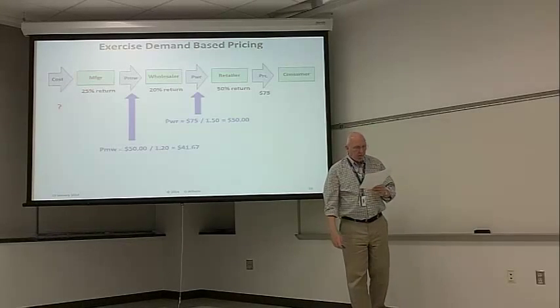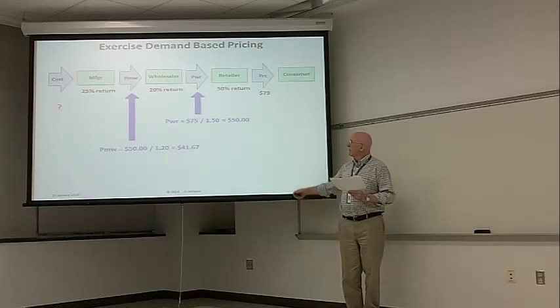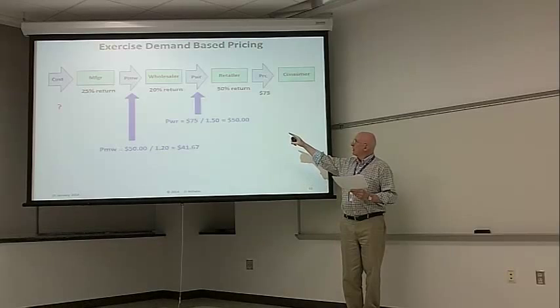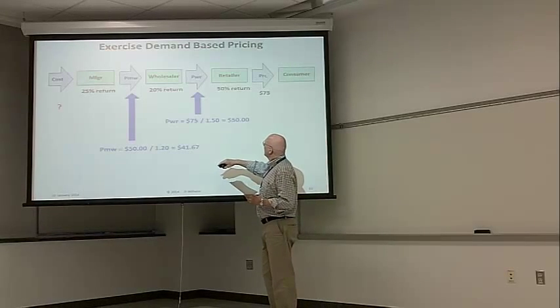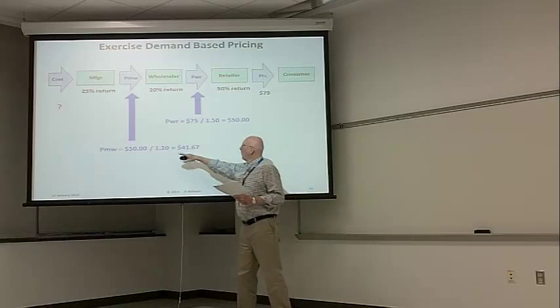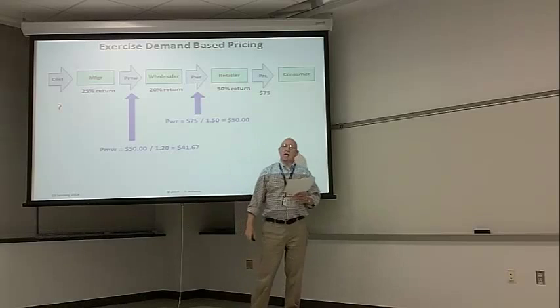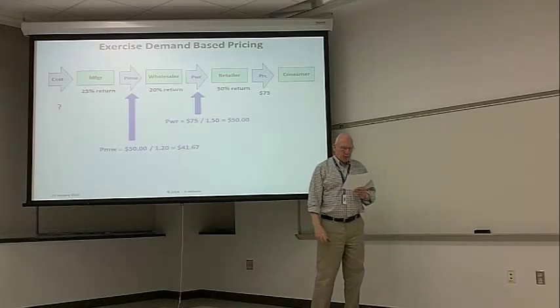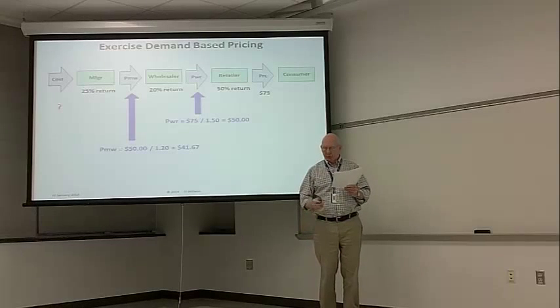The price from the manufacturer to the wholesaler: divide the price from the wholesaler to the retailer by 1 plus the wholesaler's rate of return, or $50 divided by 1.2, and that comes out to $41.67.